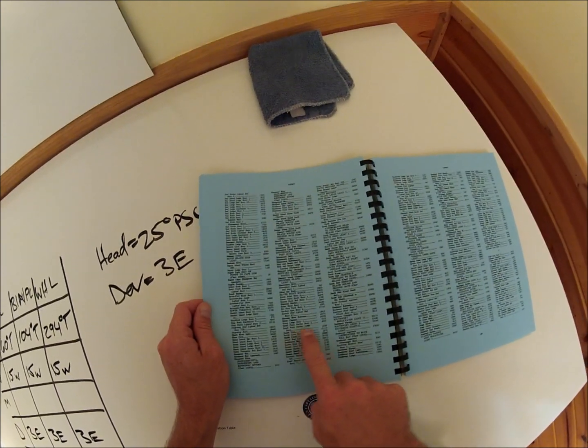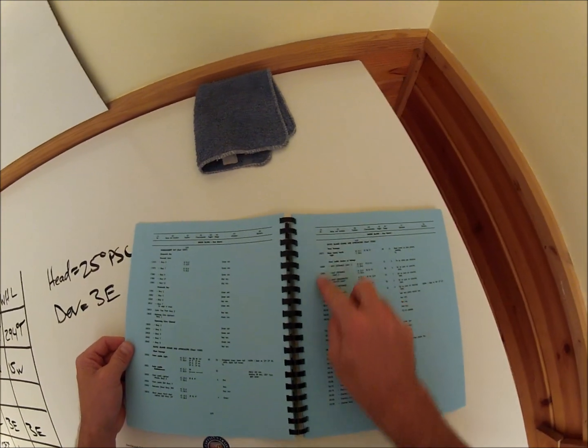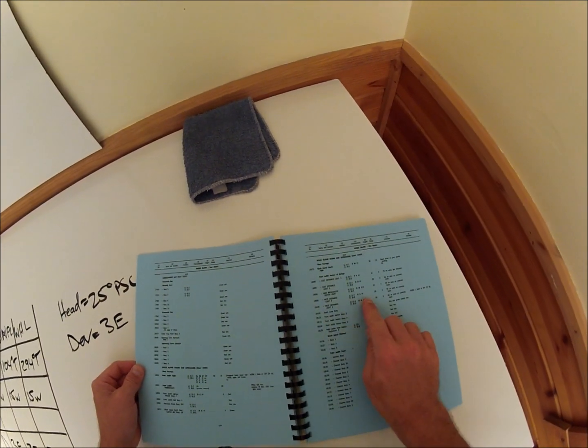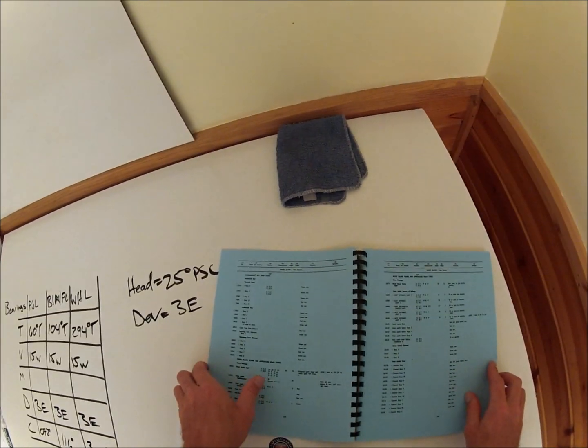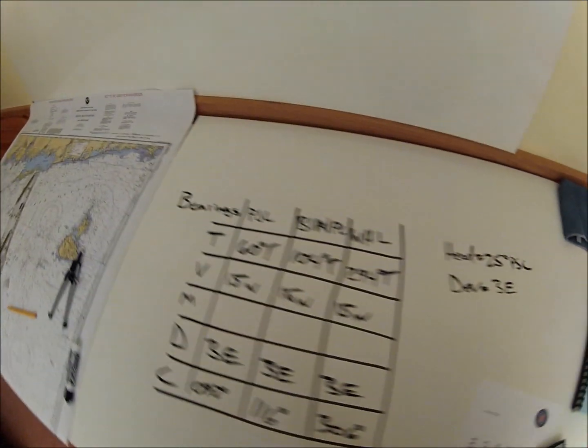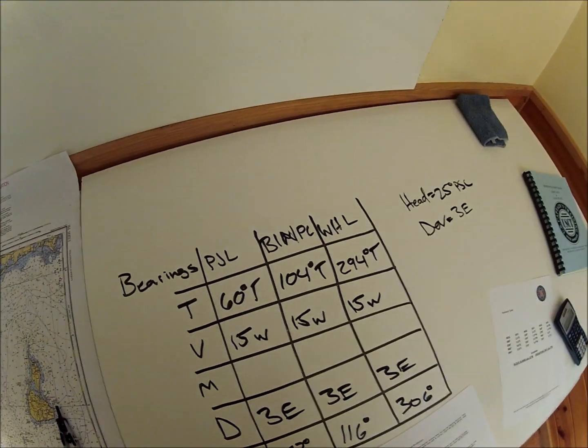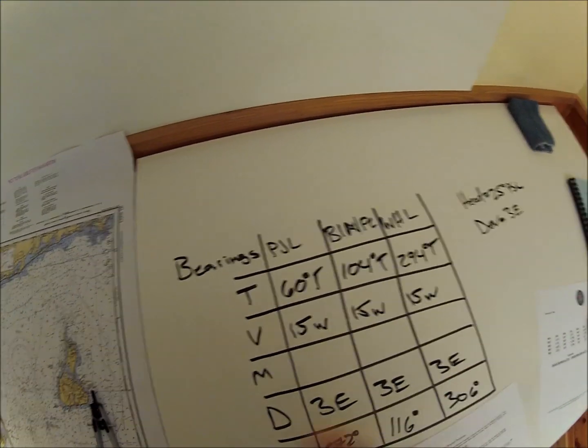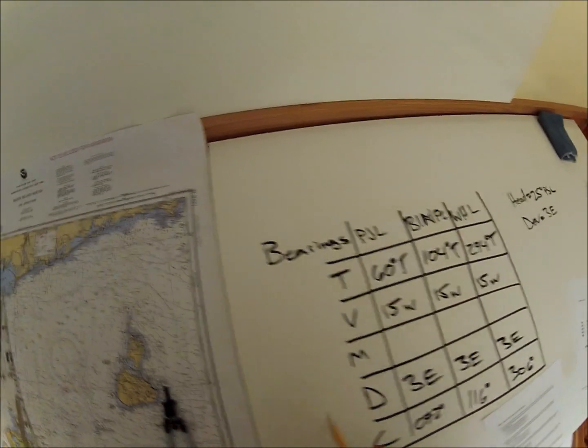So you go to Point Judith, find the number, go into the light list, locate that number, and it will give you the approximate latitude and longitude. That's the easiest way to find these. But I don't want to take up too much of your time, and I know where they are, so we'll just do this.